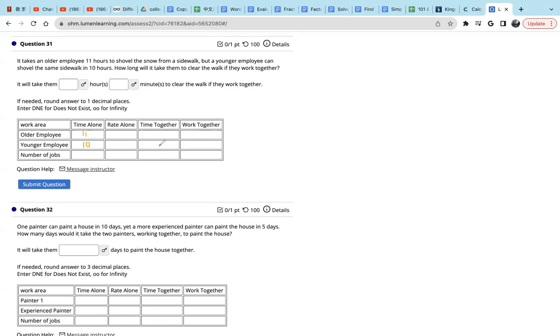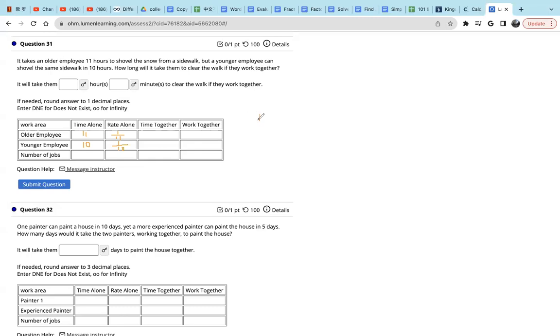All right. So the rate of working alone is 1 divided by the time, which is 1 over 11. For him, the speed is 1 over 10. Working together, the speeds can be added up.